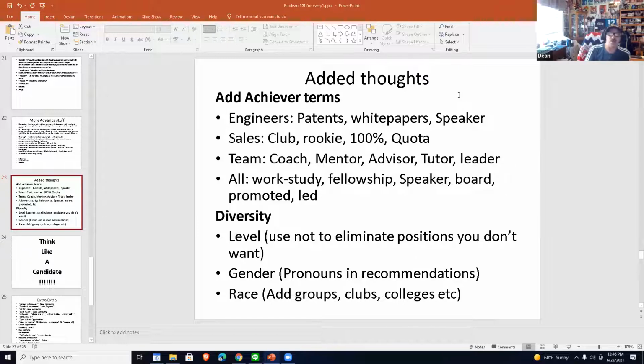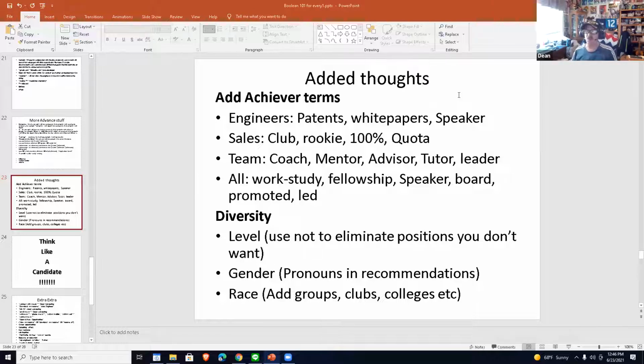Sales. You're looking for a salesperson. Well, most salespeople are part of some type of club: the 100% club, the 10% club, whatever. They like to use the 100%. They love using the word quota. Think like a candidate. Engineers: patents, white papers, things that they would do. Team: you're looking for someone that's good at running a team. Don't just say manage.